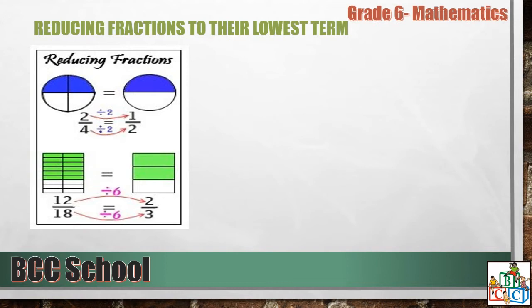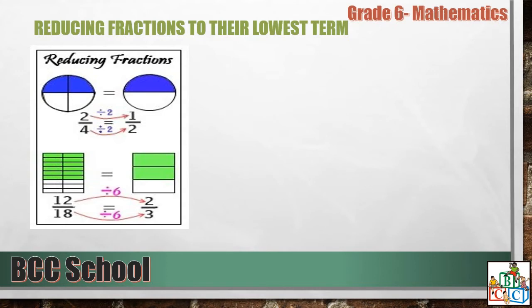The first example, 2/4. 2/4 has been reduced to its lowest term as half. The second example, 12 over 18. The answer is 2/3.